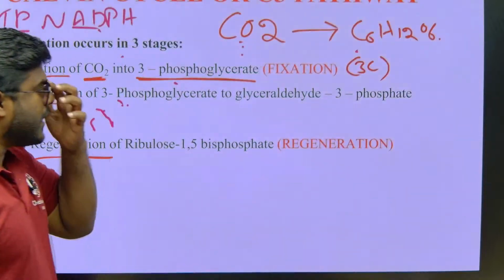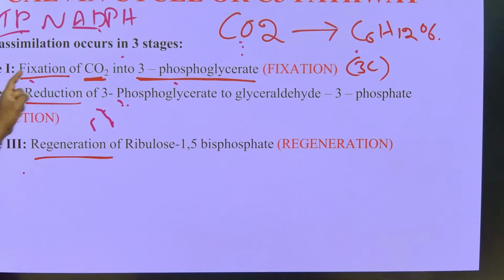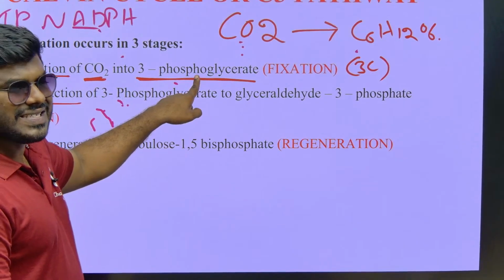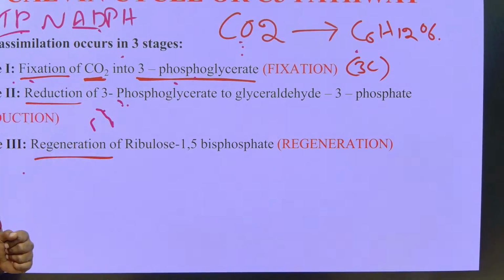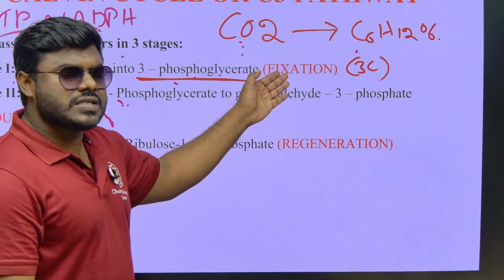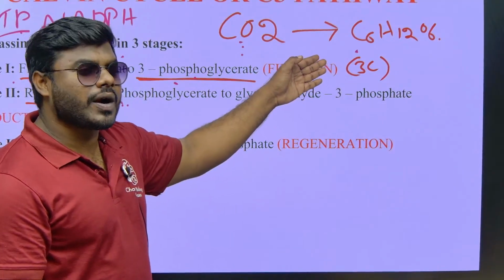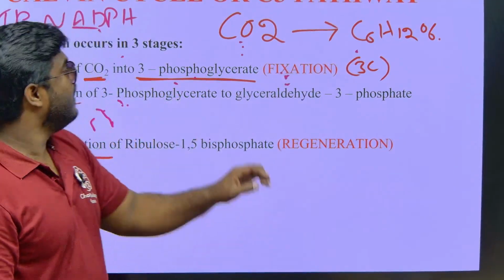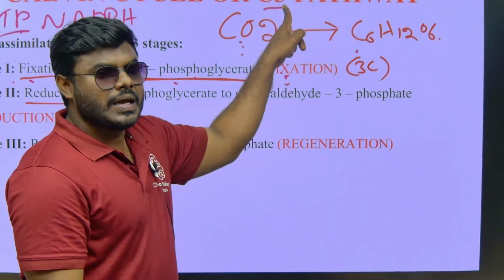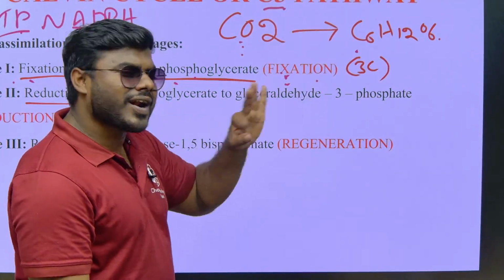So in that step we are fixing the carbon into 3-phosphoglycerate, which is 3 carbons. Since the first stable intermediate product has 3 carbons, the name of the pathway is the C3 pathway.